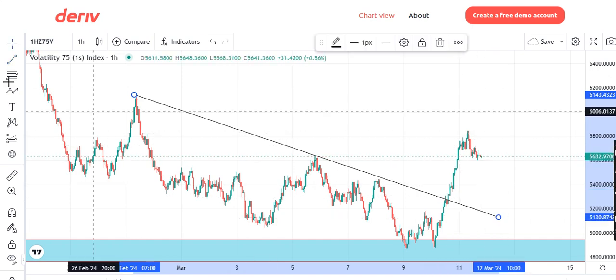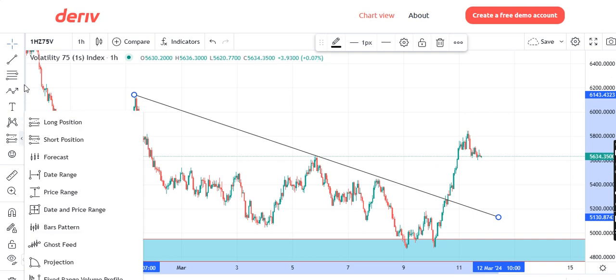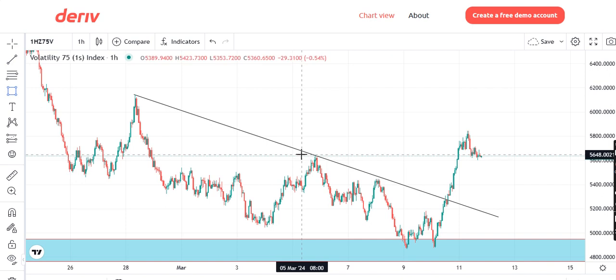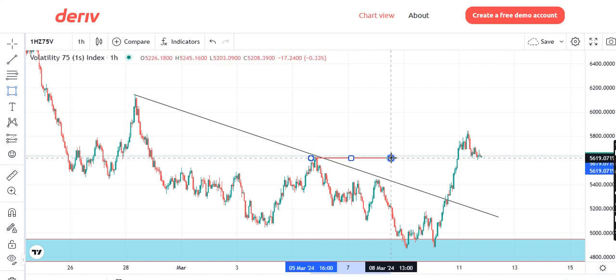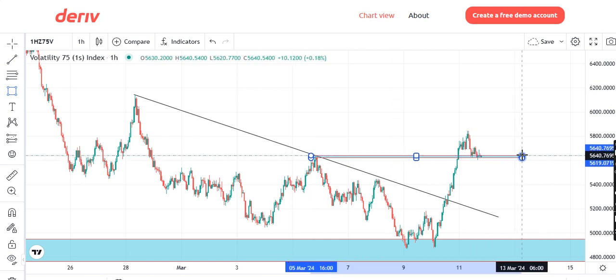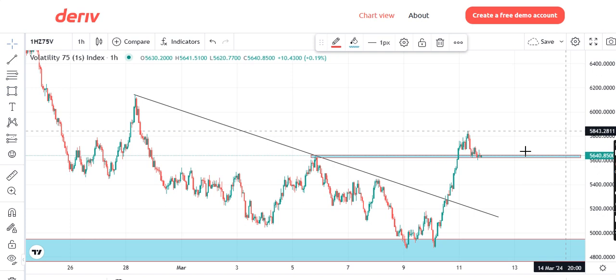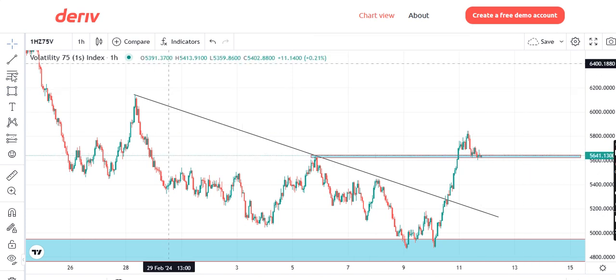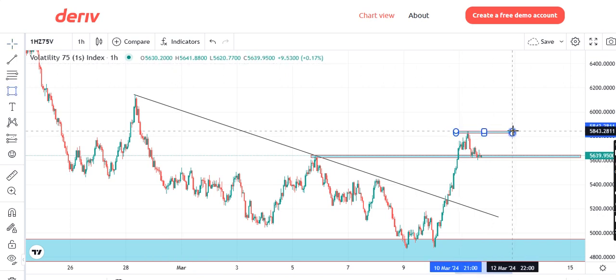So what happens right now, guys, is that we're just going to draw levels just so we can understand exactly what's happening in the market, right? So this is the first level that we actually broke, right? We're going to take this level very seriously, because you can see the market is reacting to this level, right? And then also this area right here, this is where the market actually turned.